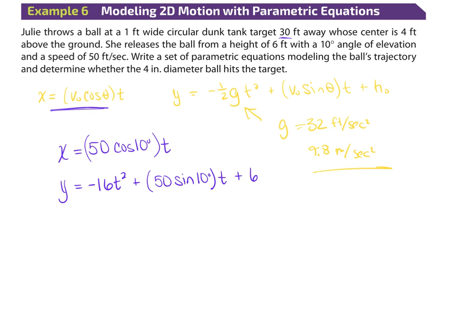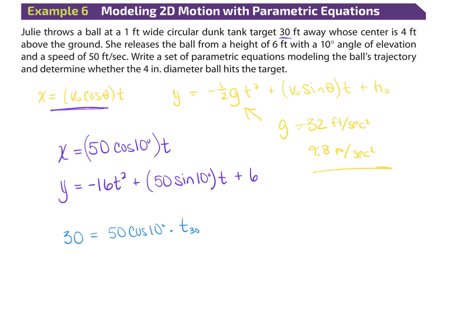The 30 feet away is my left-right movement, which is my x movement. So my x needs to be 30 feet away. My initial velocity is 50 cosine 10 times some t for 30 feet away. That's going to tell me how many seconds it's going to take for it to go 30 feet away.